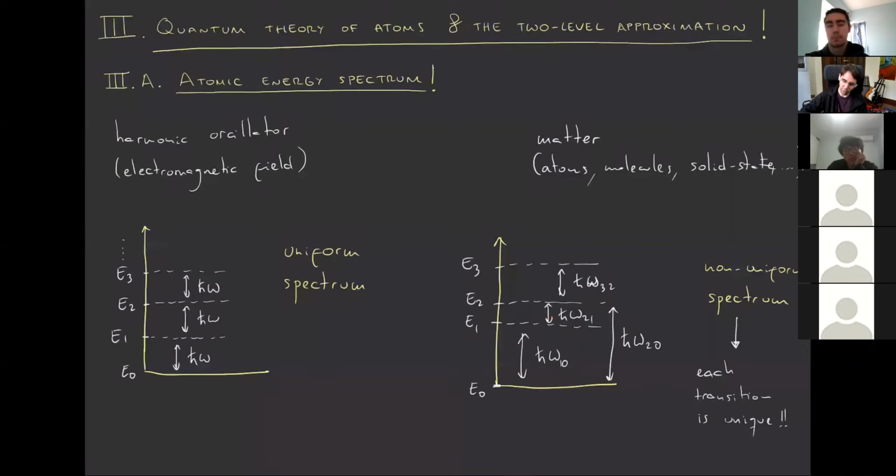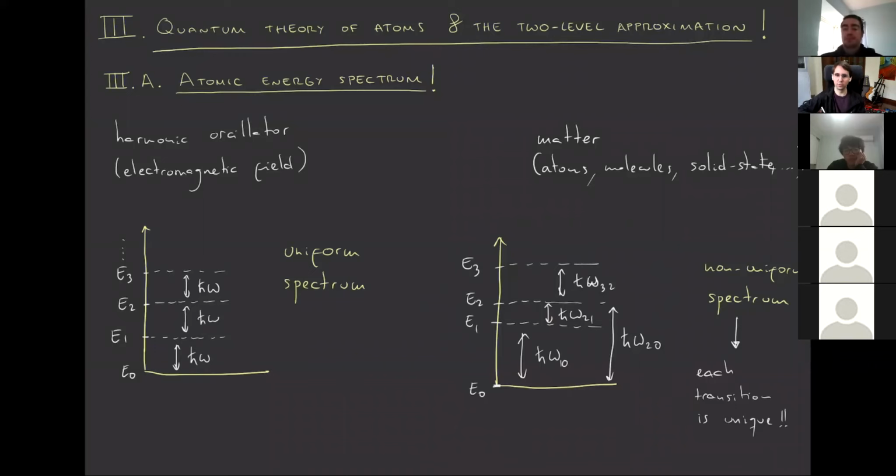Here we will focus on the theory of matter, essentially on how matter has very specific transitions. To give you a concrete example that is very important in quantum optics, we will start by talking about the energy spectrum of atoms, okay?